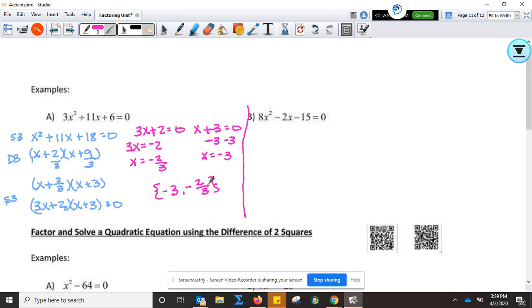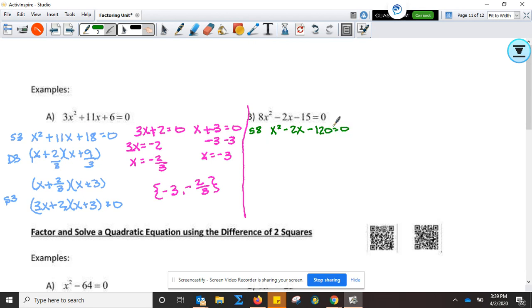Okay, and now for the last one of this set. 8 times 15, I'm going to slide an 8. X squared minus 2x minus 120 equals 0.